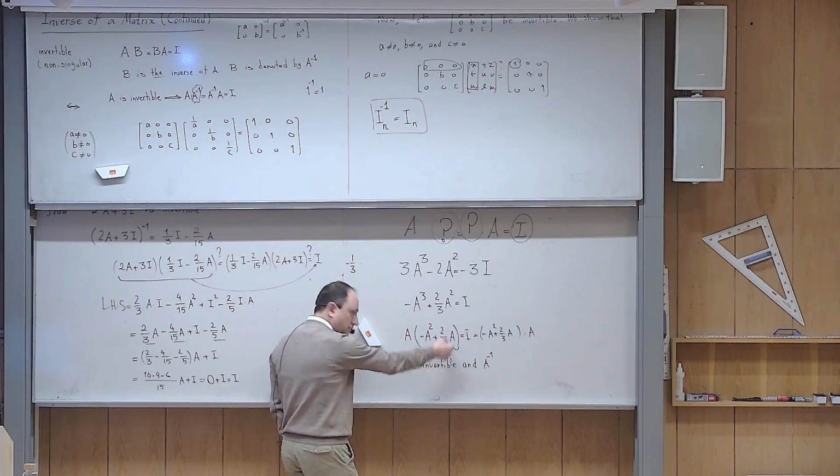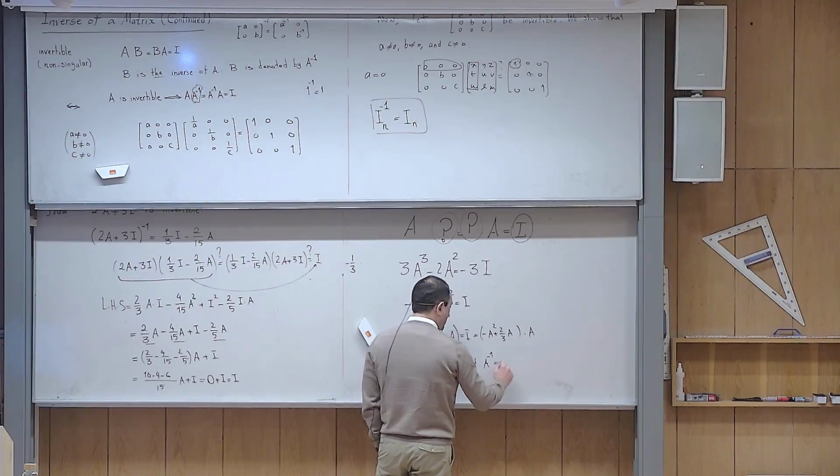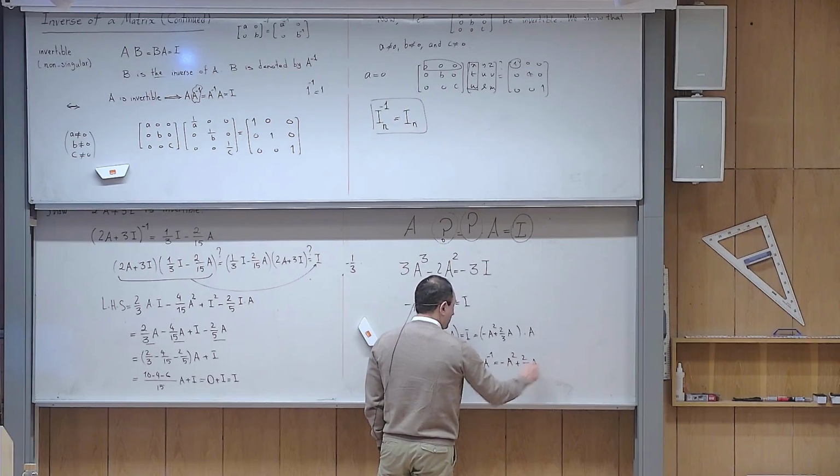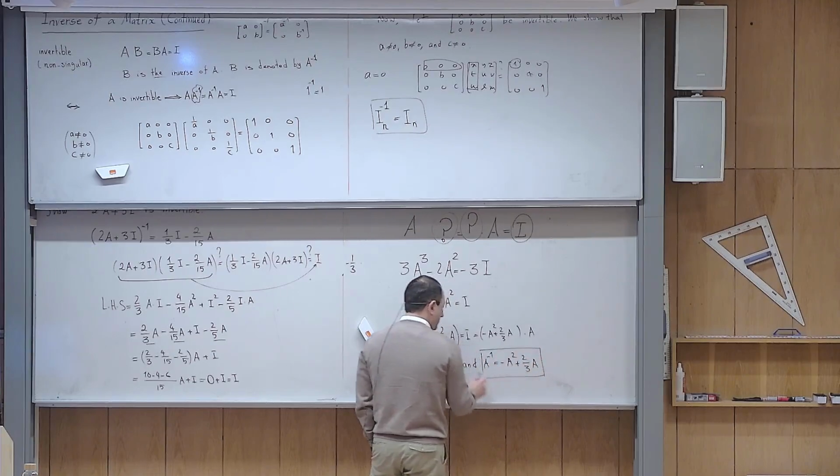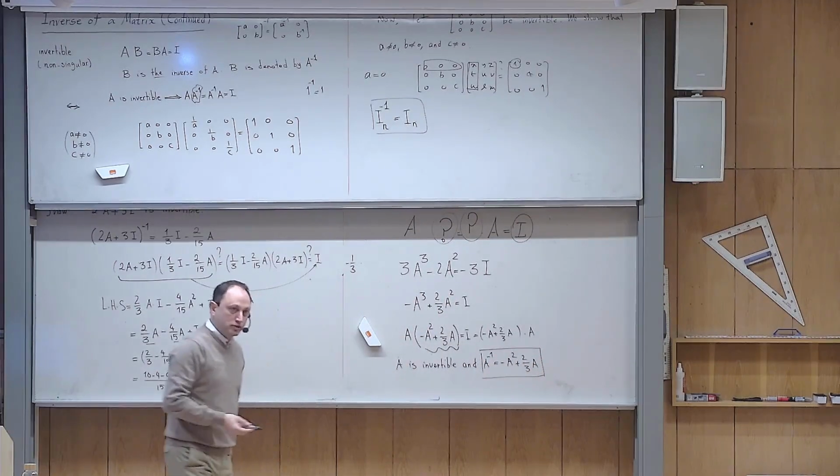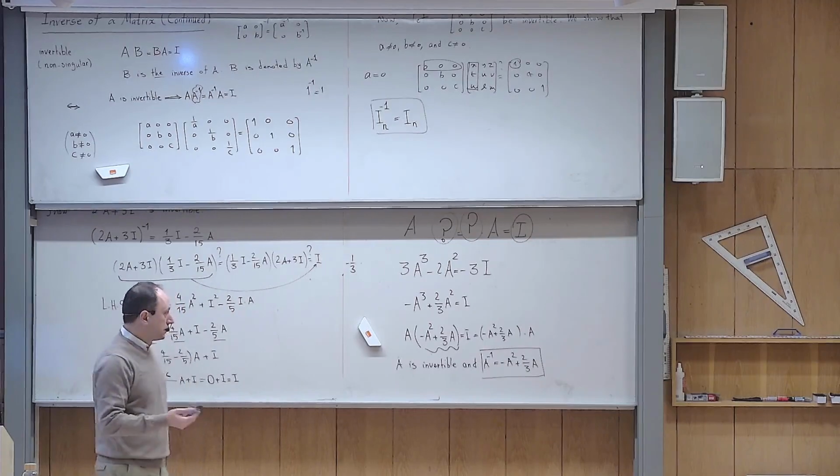Minus A squared plus 2/3 A. That was the second part of the question, because the second part told us to calculate A inverse in terms of A itself. So that's a good idea.